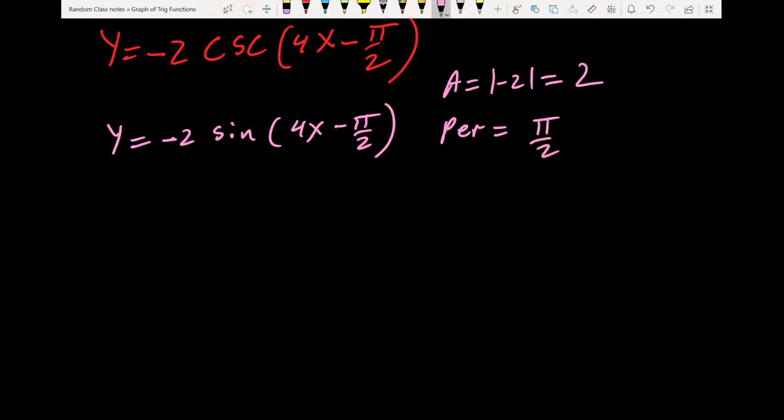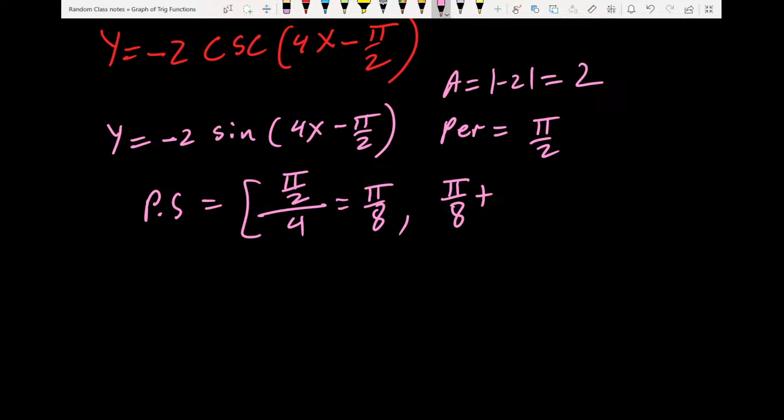Pi over 2. All right. What's the phase shift now? Pi over 2 divided by 4, right? What does that become? Pi over 8. That's the starting point. Where does it end? Pi over 8 plus what?